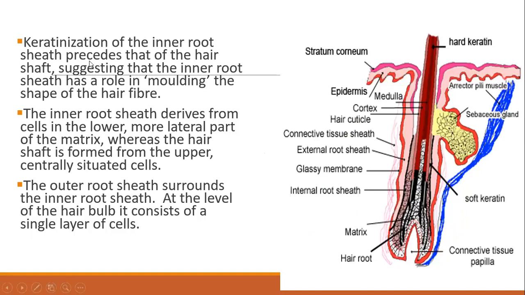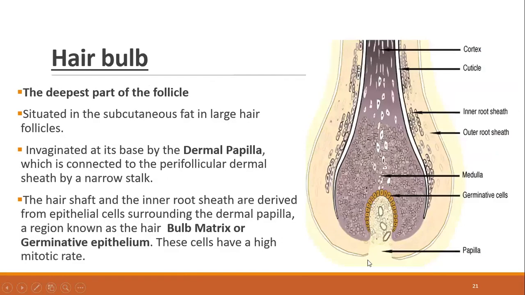Keratinization of the inner root sheath precedes that of the hair shaft. So the black color shows the keratinization of the inner root sheath precedes the keratinization of the hair shaft, and suggests that the inner root sheath has a role in molding the shape of the hair fiber. The inner root sheath derives from the cells in the lower, more lateral part of the matrix, whereas the hair shaft is formed from the upper, centrally situated cells.